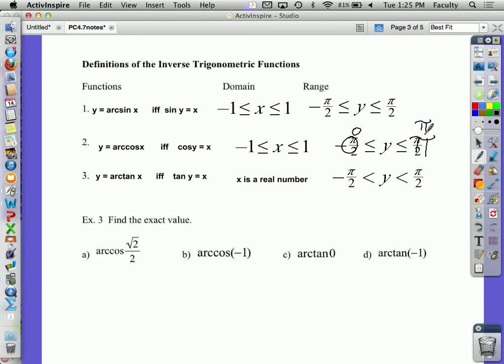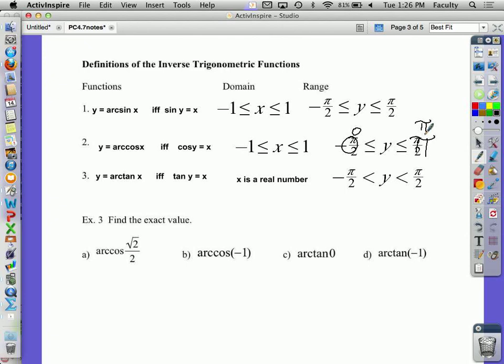Sorry. That's supposed to be 0 to pi for inverse cosine. I'll show you why. And then number 3, y equals arc tangent x, if and only if tangent y equals x. X is a real number, and y is between negative pi over 2 and pi over 2. That's not a typo. There is no equals. And again, you'll see why.